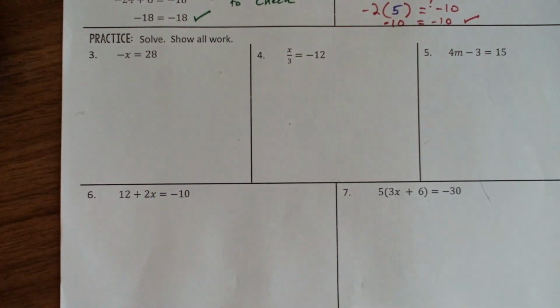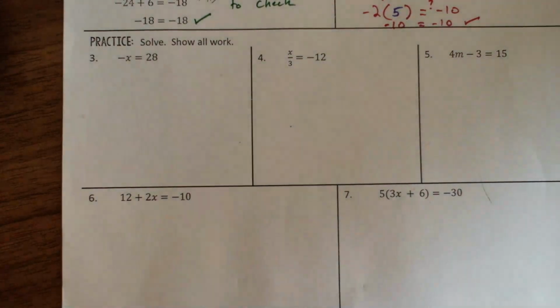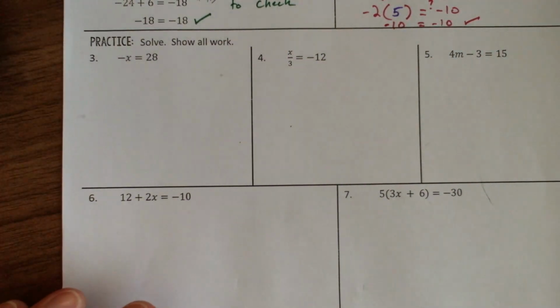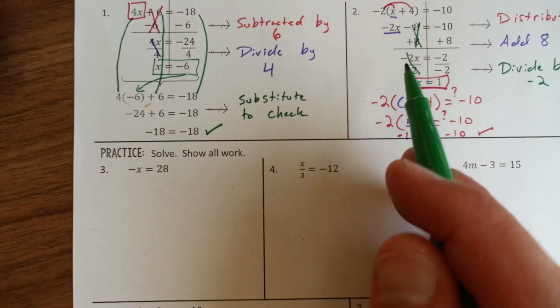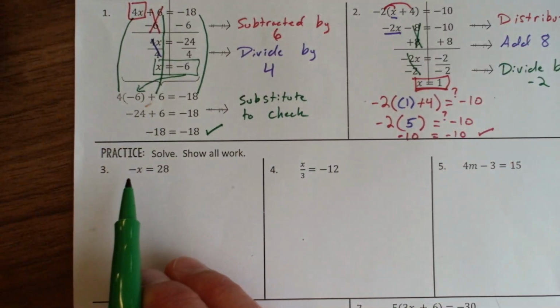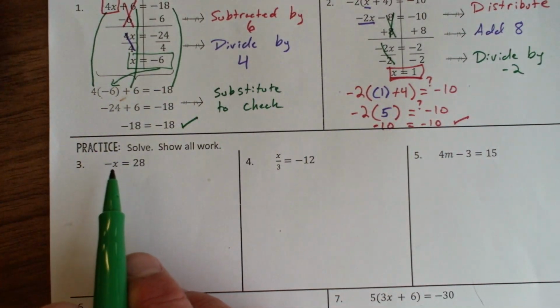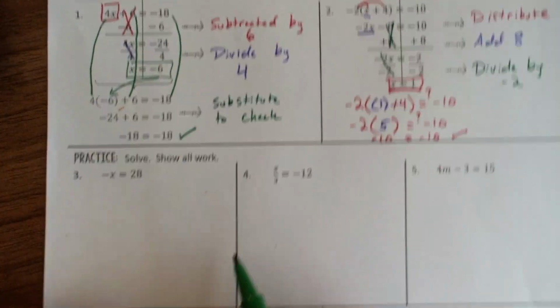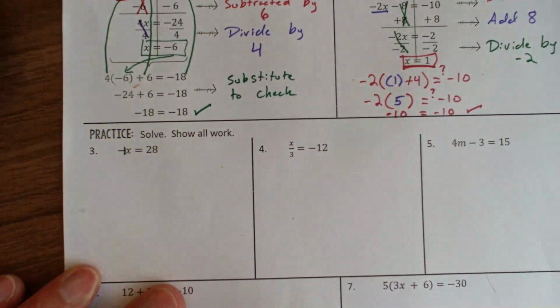All right, so problems 3 and 4, these are one-step problems. Right now I'm looking at problem number 4. It has a negative x. So just like up here, I had 4x. Over here, I had negative 2x. Here, I just have negative x. So I need to divide by something in order to get x all by itself. I want to reduce it to 1. Currently, it's negative 1.